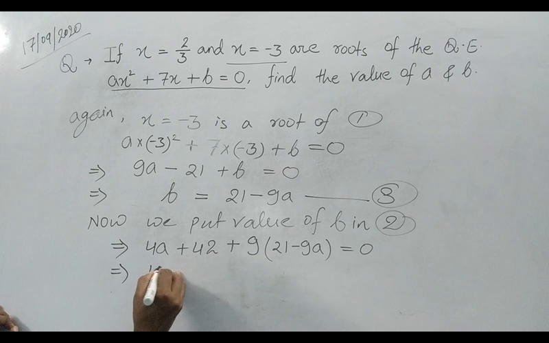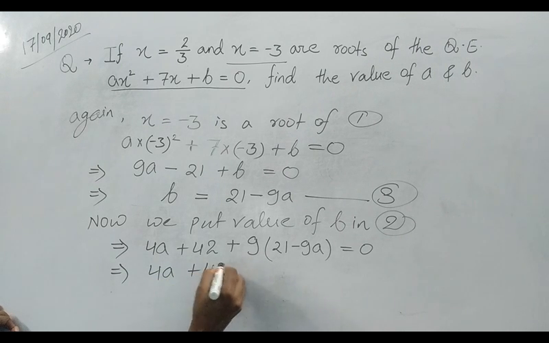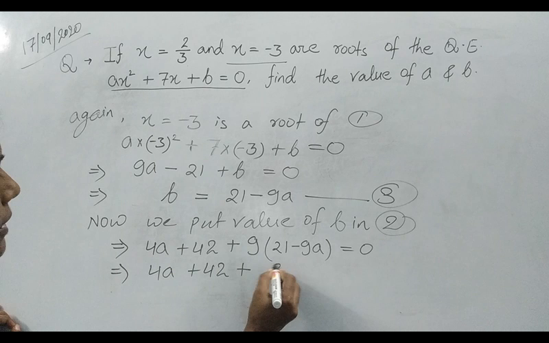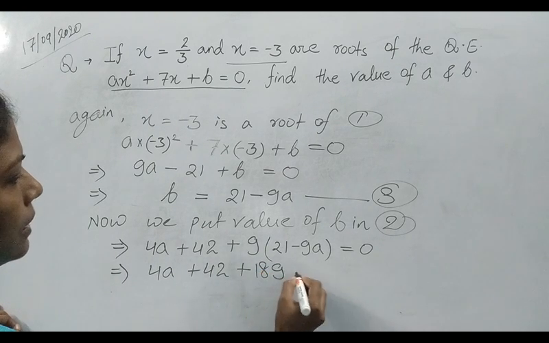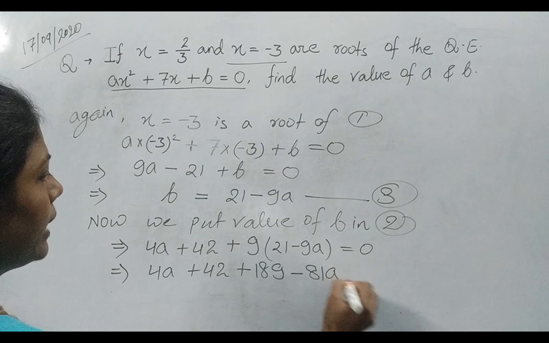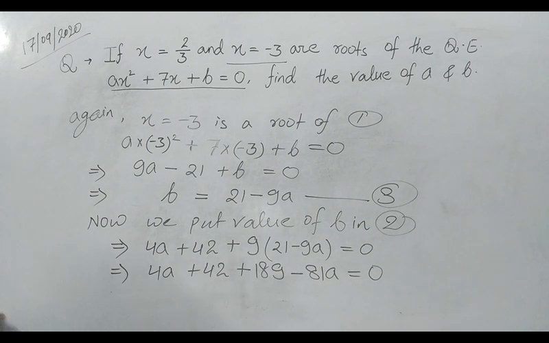Just simplify it. 4a plus 42 plus, just break it, 189 minus 81a is equal to 0.